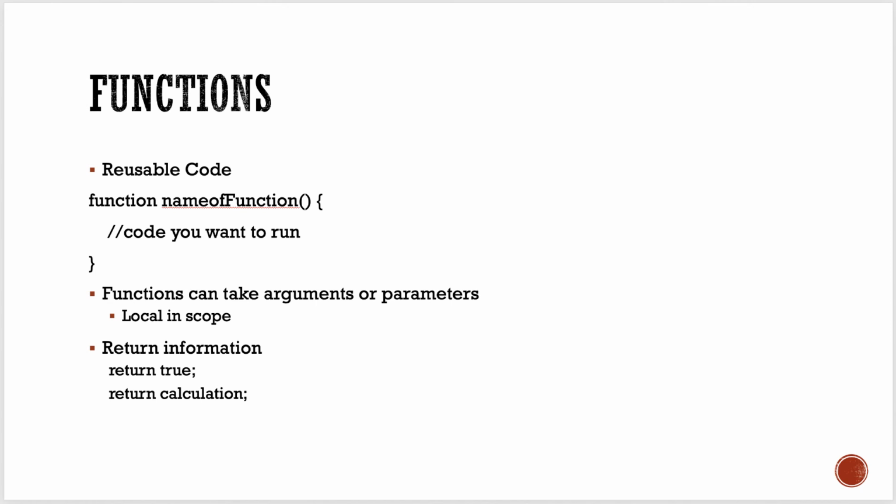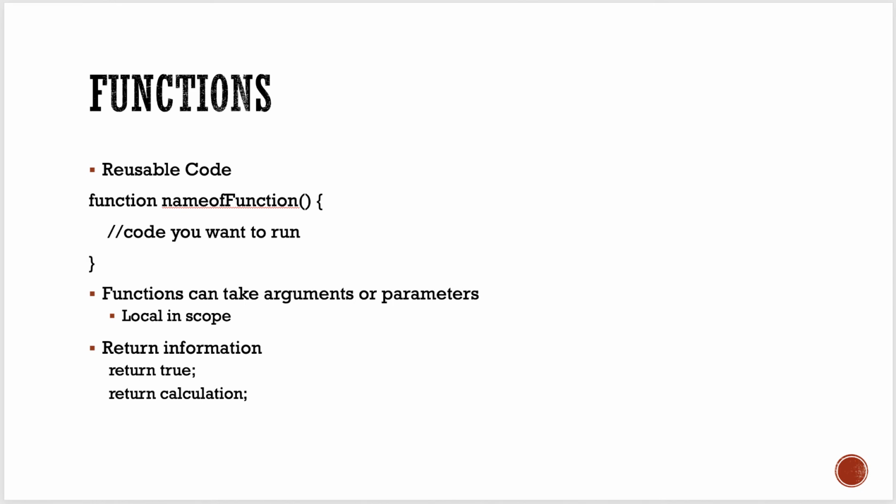Think of functions like methods if you're familiar with Java. A method can be invoked multiple times, allows us to do many things. And so functions are declared in JavaScript using the function keyword, where you specify the name of the function, and within the curly braces that follow, the instructions that you want that function to execute.